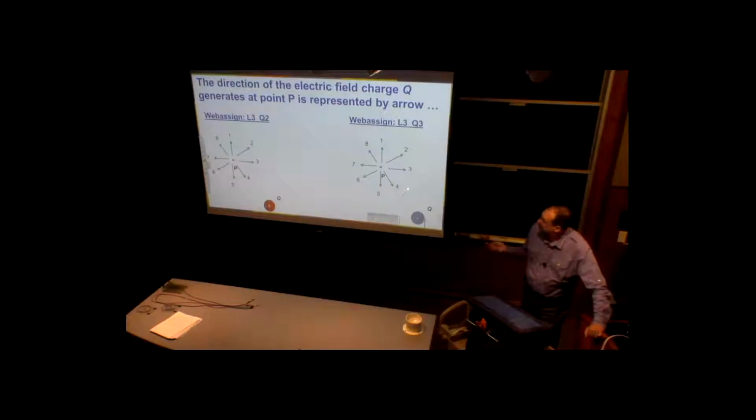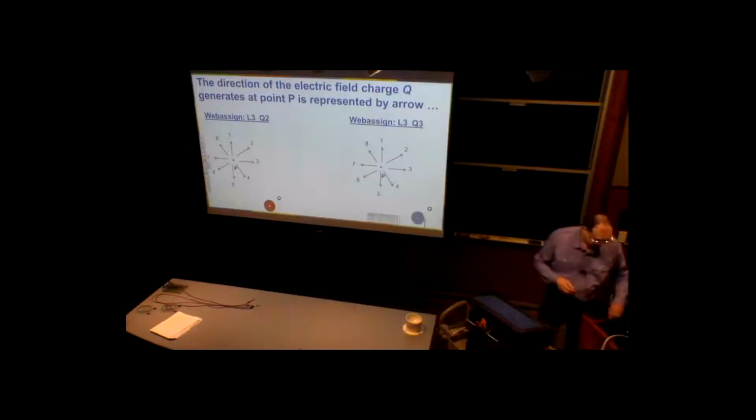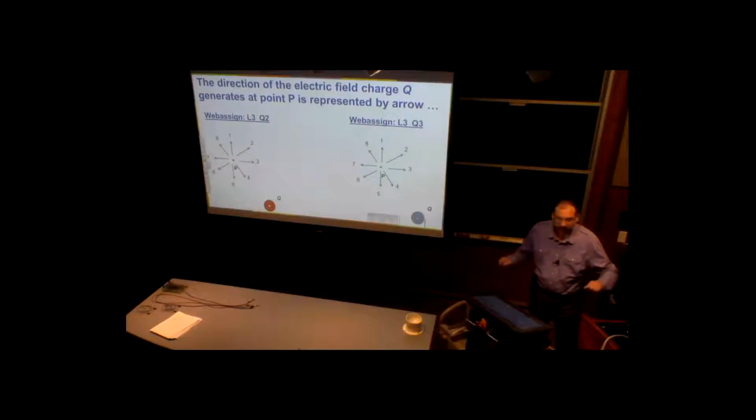And a second question, which is technically the third, what arrow should represent electric field generated by this charge at this point? And electric field, again, is a slang.